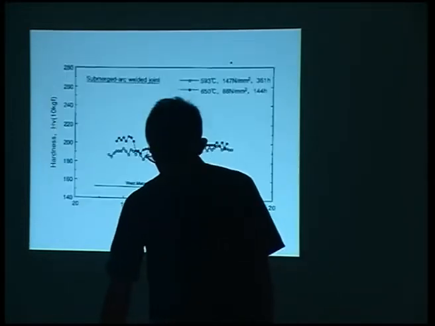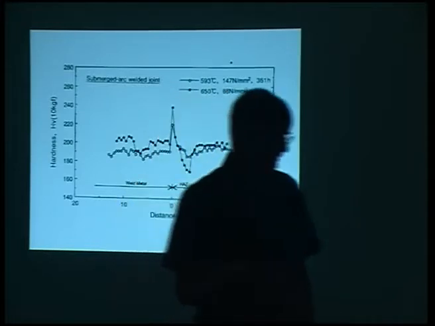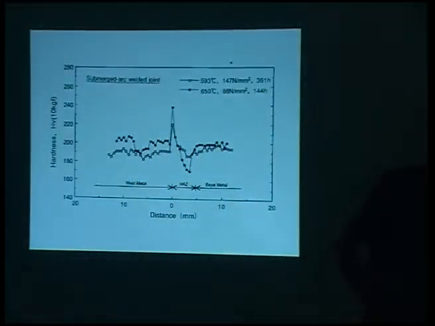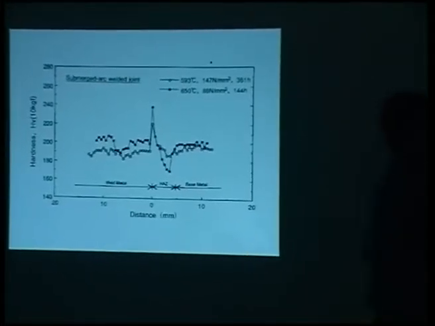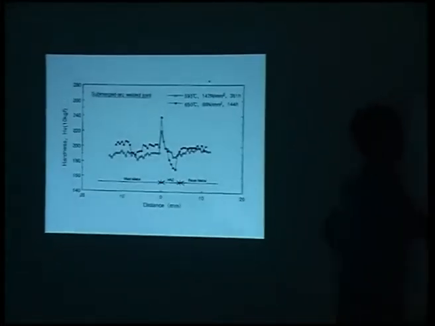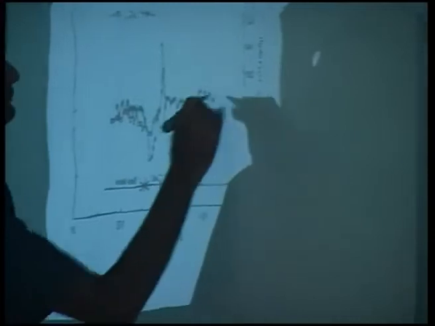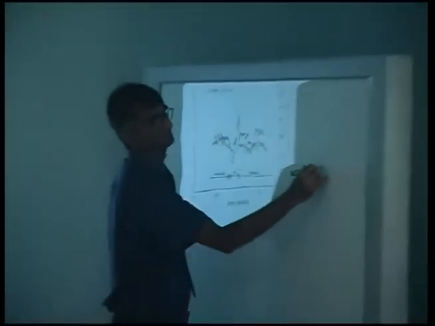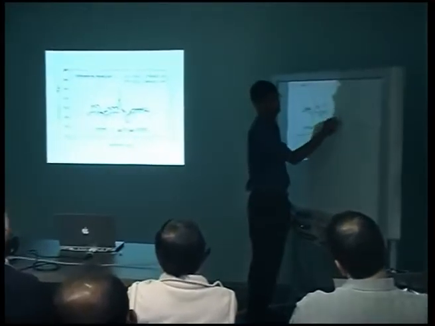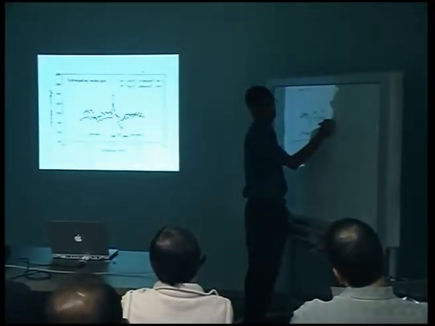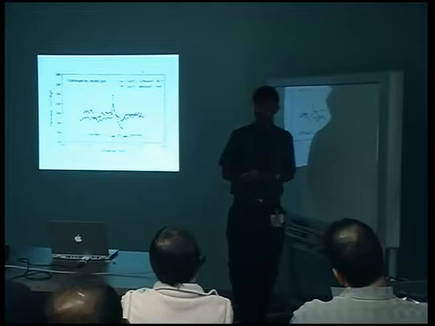method. Okay? So there is a problem in welding power station materials, in that if this is a weld metal, the weld metal is hard, and the parent metal is also hard, but you end up with a zone somewhere around here which is soft, because that's a tempered zone.